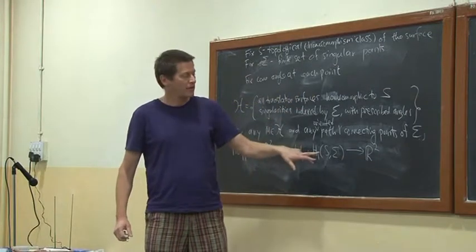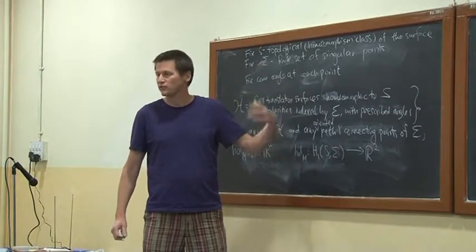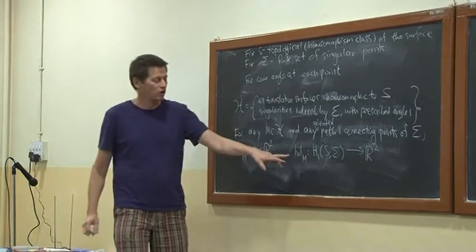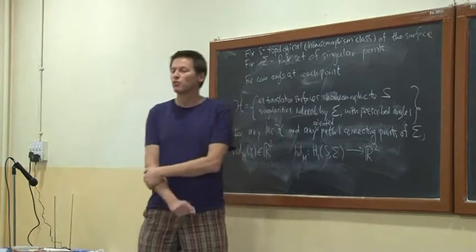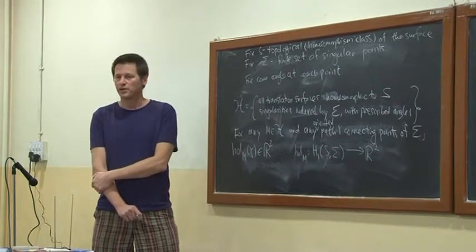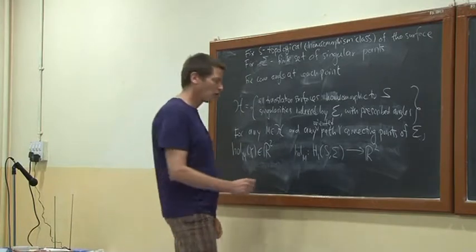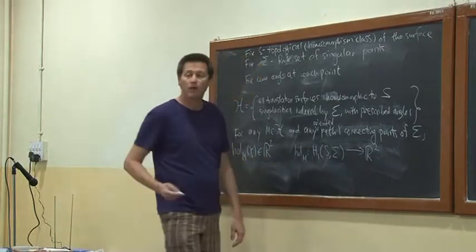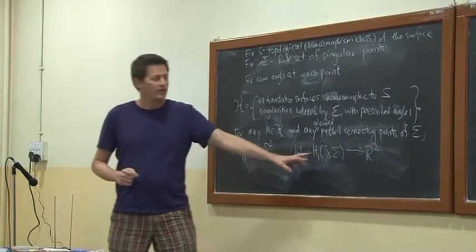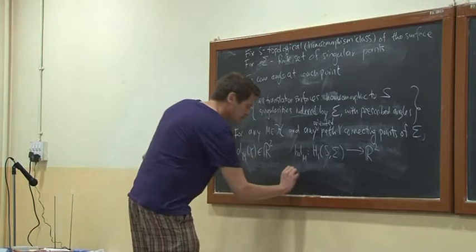And it turns out that this is well defined. In other words, if I integrate two homologous paths, I get the same vector. So this holonomy is a mapping of this form. And in fact, the holonomy also vanishes on boundaries. So in fact, the holonomy is an element of the cohomology group, taking coefficients in R2.